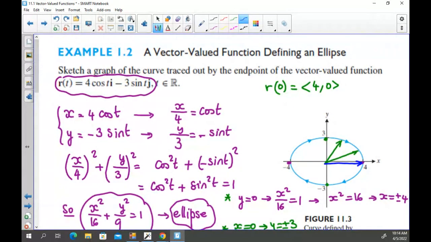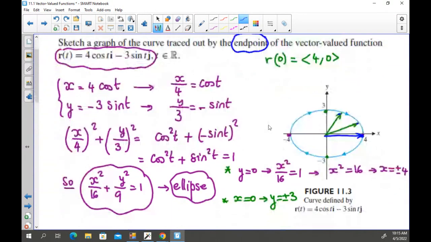This is the vector 4, 0. So different values of t will give you different vectors, and each vector will give you an endpoint. And when you put all these endpoints together, you get the ellipse we are talking about.